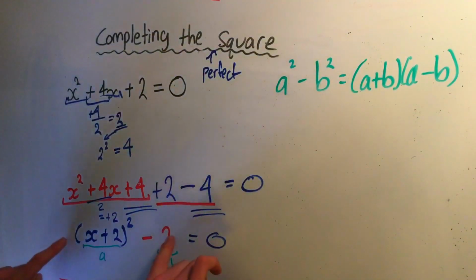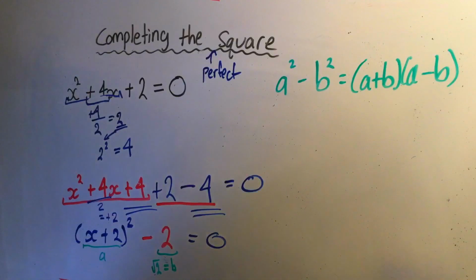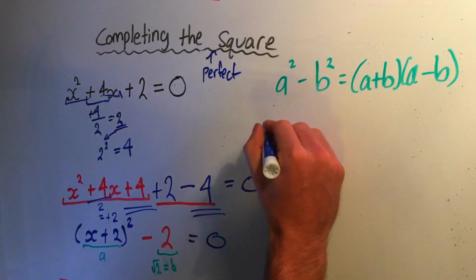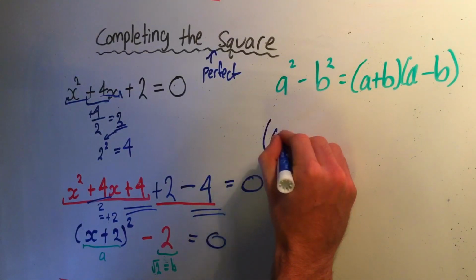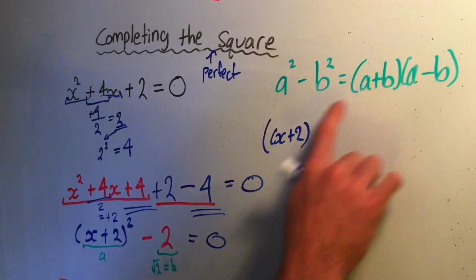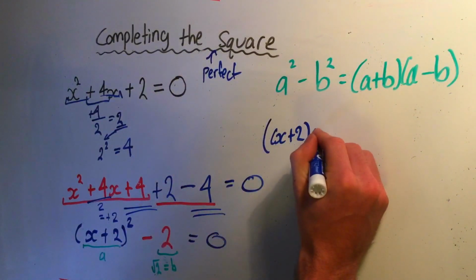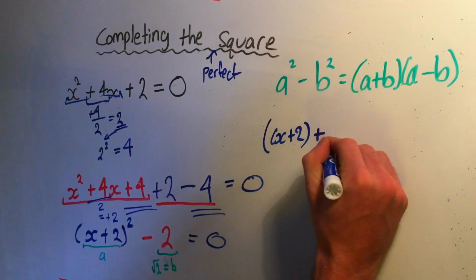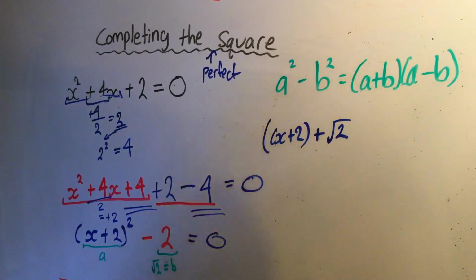So really, if we take this line and I rewrite it up here, we're going to be left with x plus 2, because that's our a, x plus 2 is a, plus root 2, because that's our b. A equals x plus 2 because it's a squared, and root 2 squared is 2, so that's our b.